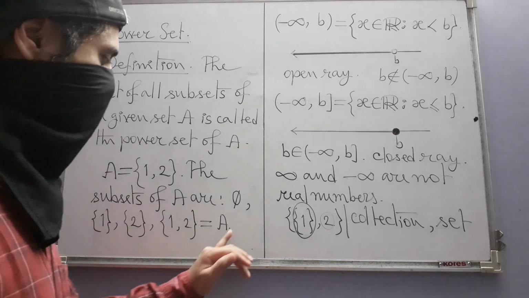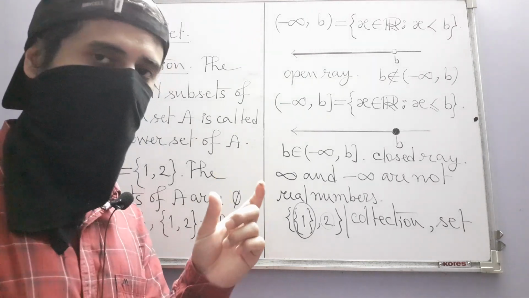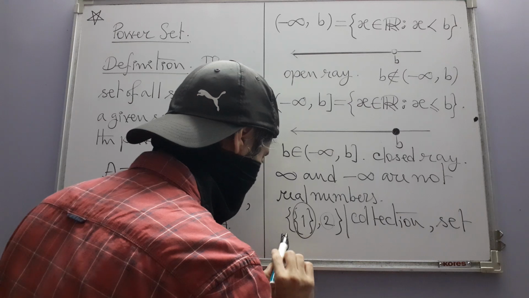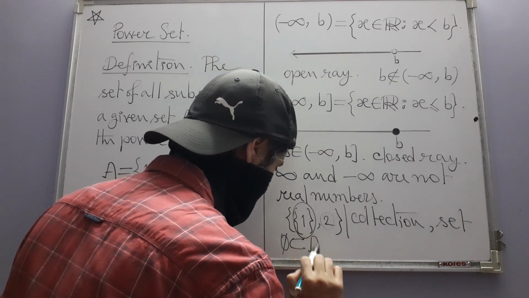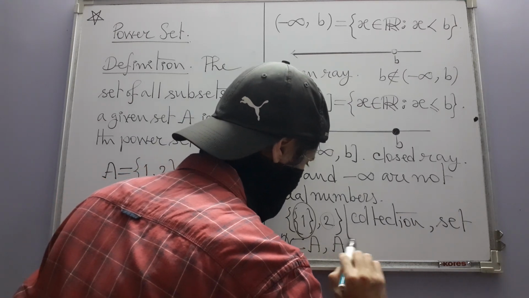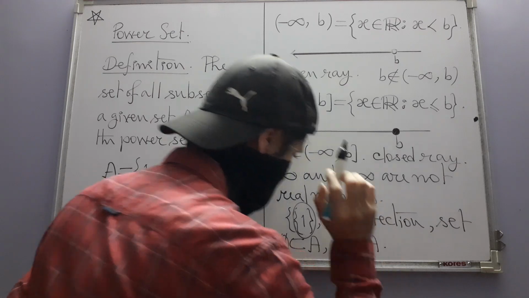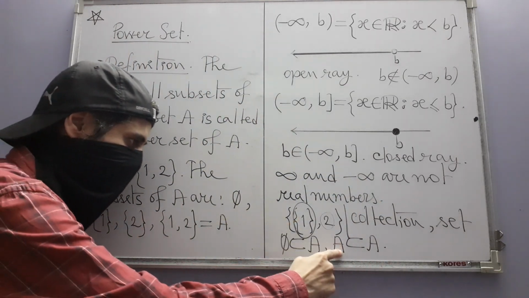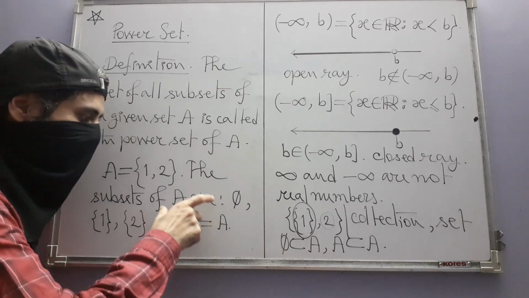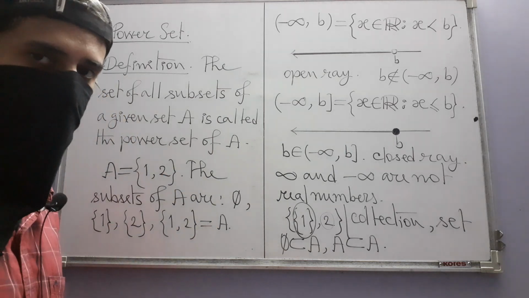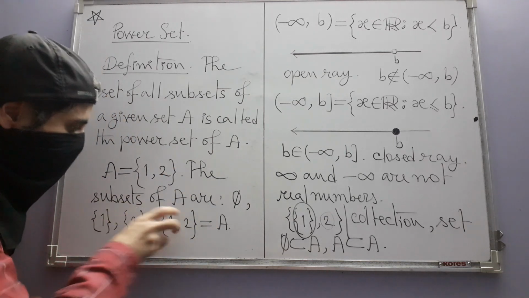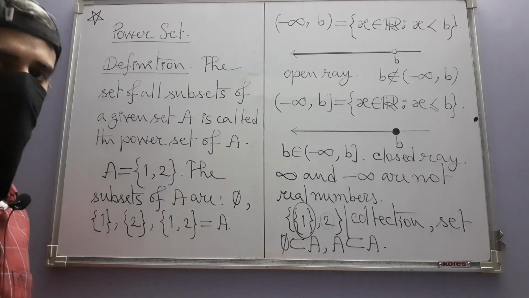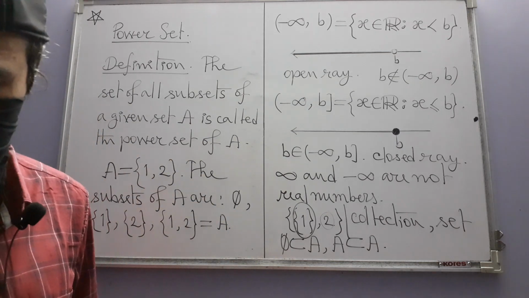You remember, while discussing the subset relation, we mentioned two things, that the empty set is a subset of A and A is also a subset of A. That is why both the empty set as well as the set itself appear on this list. Now we collect all these things and make a set whose elements are these sets. That is the power set of A.